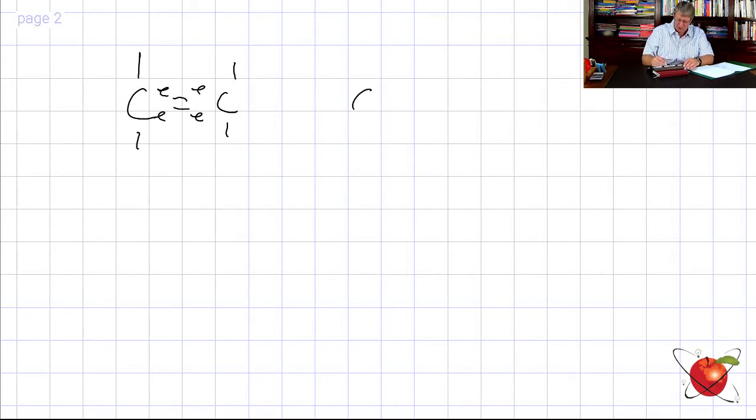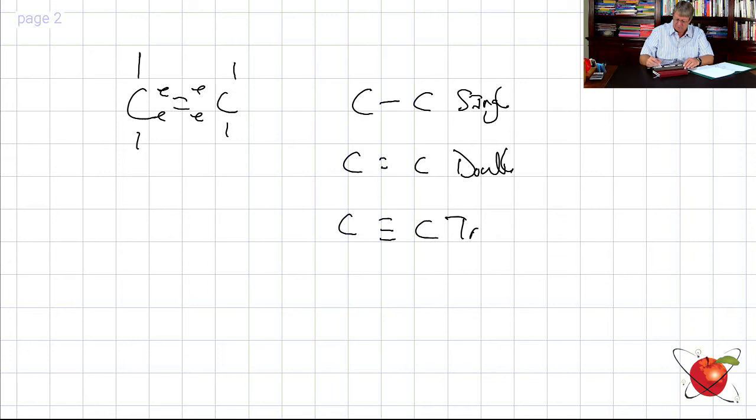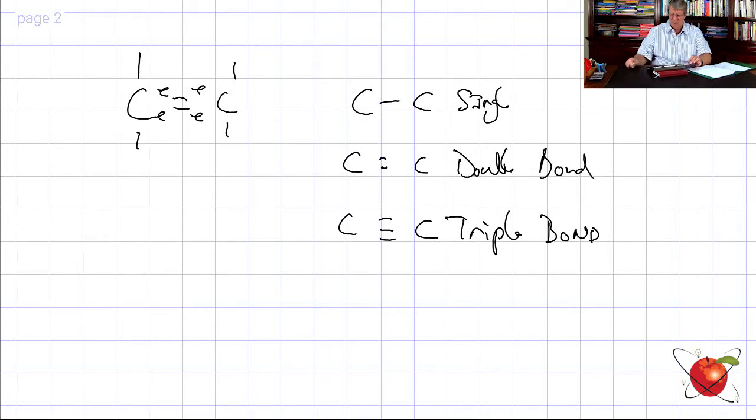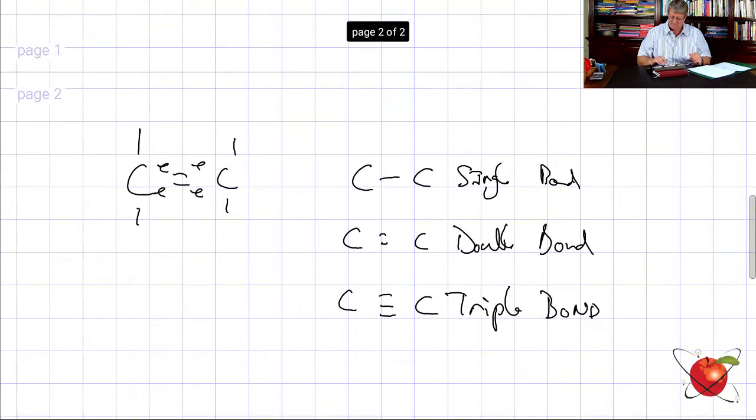In other words, carbon can form a single, a double, and yes, carbon can form a triple bond. So we can form different bonds, all right? We form single bonds, double and triple bonds.